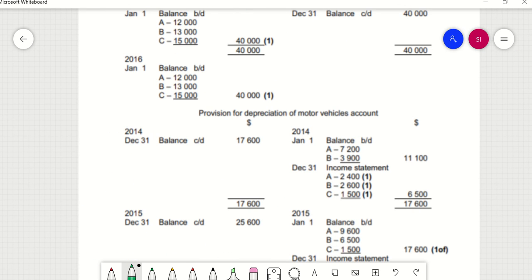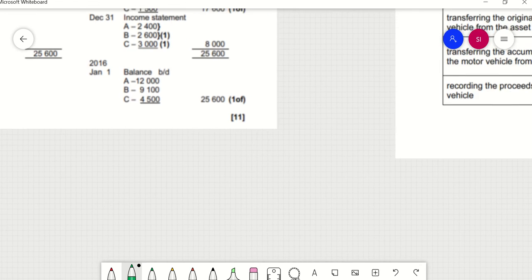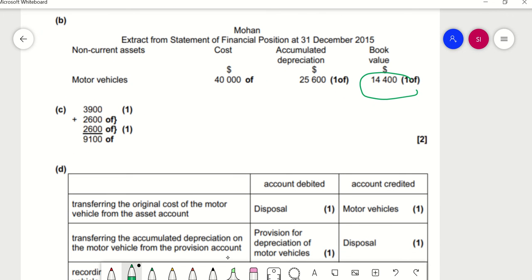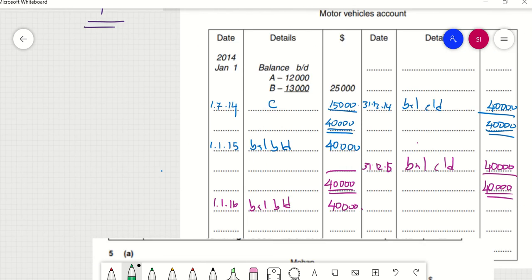Now you can see here, as per the marking scheme, 3,900 was the opening, and then you calculated depreciation for year 2014 and for the year 2015. This is your opening balance. So total depreciation is how much? 9,100 up to that date. Okay, basically children, look here.